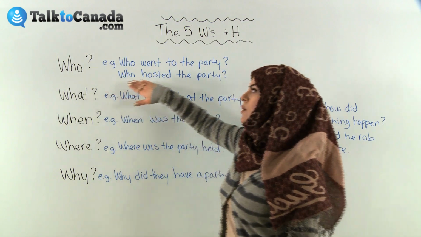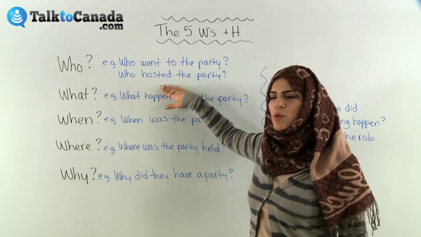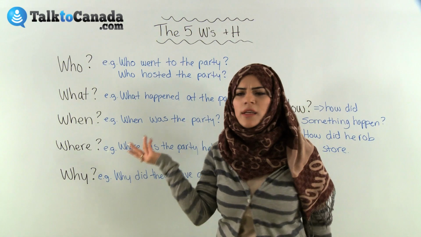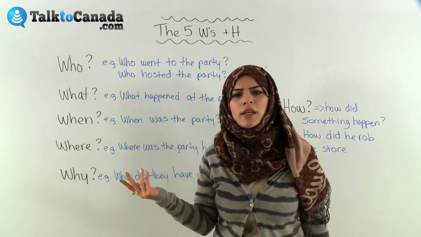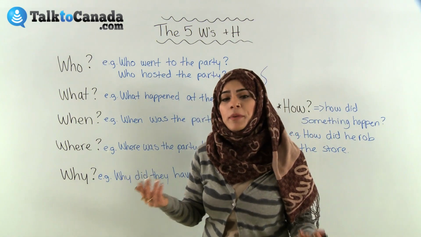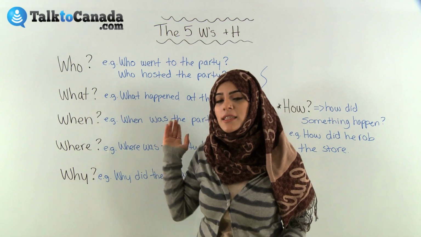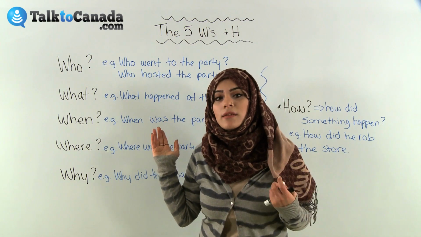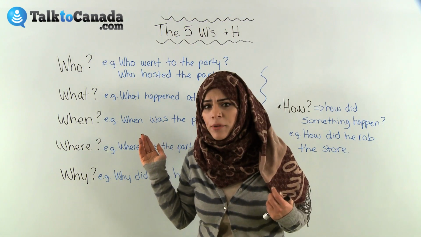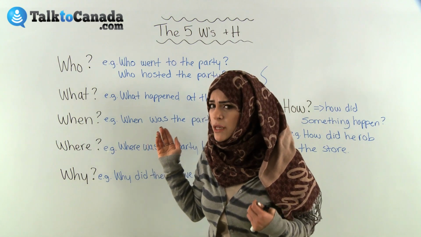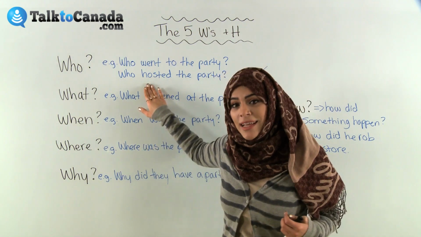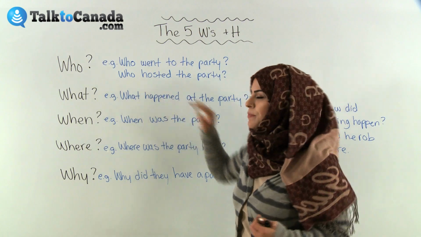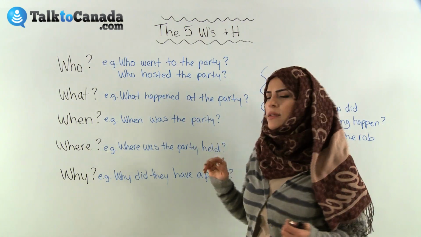Who? So some example questions would be, who went to the party? Who hosted the party? So if you're being told about an event, you can ask these questions to get more details. But if you're writing a newspaper article, you want to make sure that you're adding the answers for these questions.